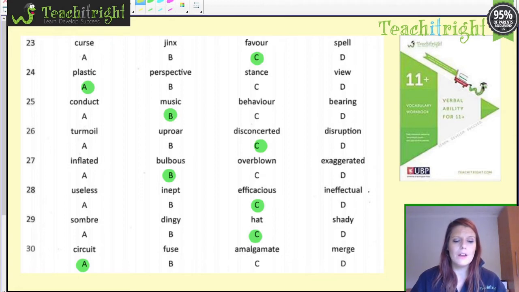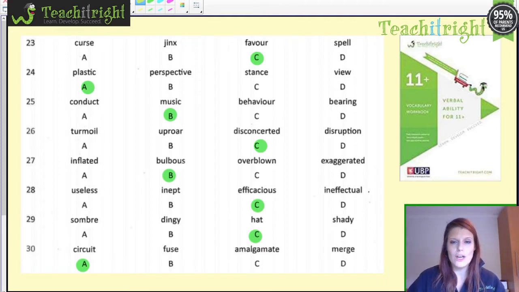25, these describe somebody's behaviour. So bearing is a way of describing somebody's behaviour. 26 means uncomfortable, whereas the others describe confusion or people in confusion. 27, the others are synonyms for exaggerated, overblown, inflated. 28, the others mean ineffective.